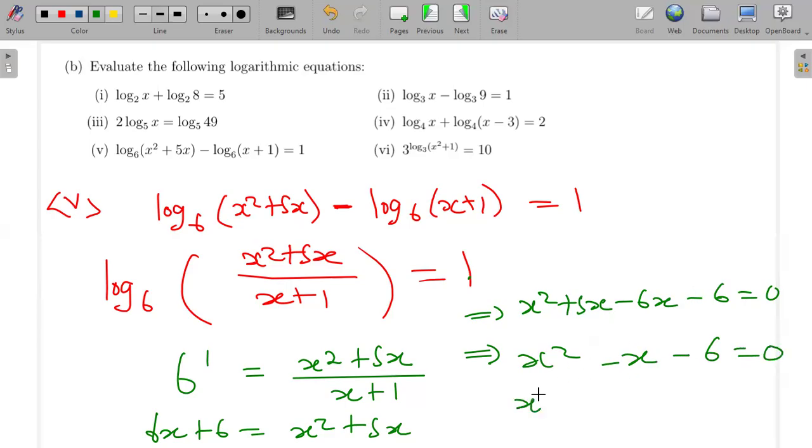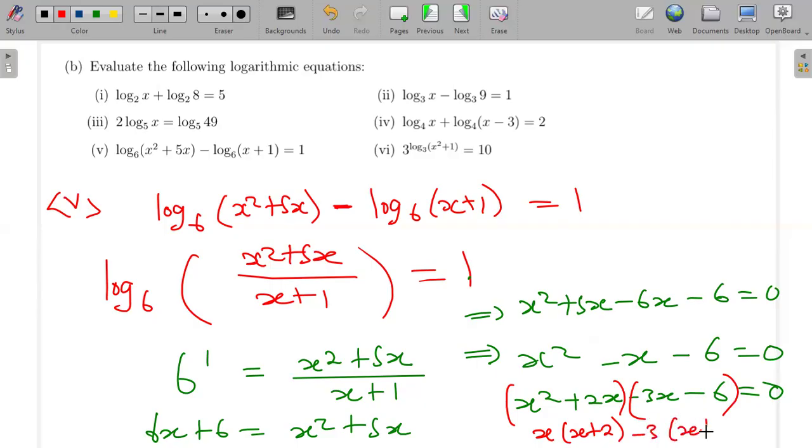And we see that the factors here will just be x squared plus 2x minus 3x minus 6 is equal to 0. Okay, so meaning that we can group them like that. What is common here is x, and then remain with x plus 2. What is common there is minus 3, then remain with x plus 2, which is equal to 0.